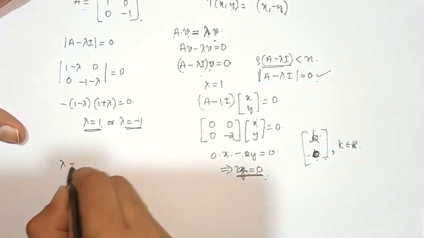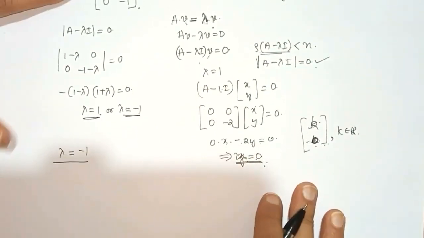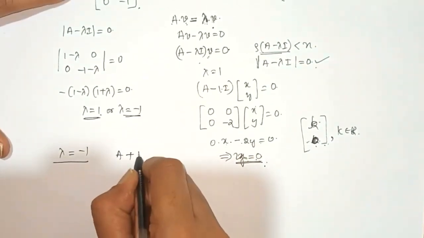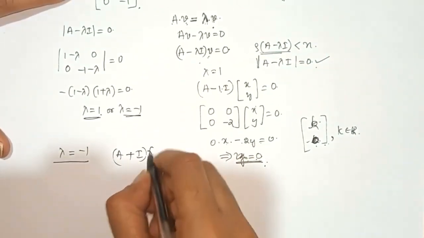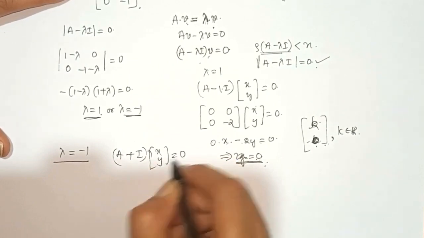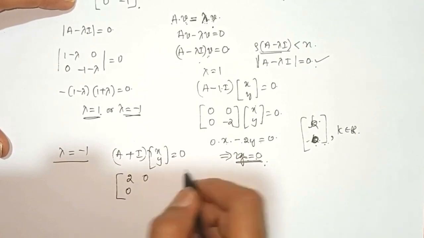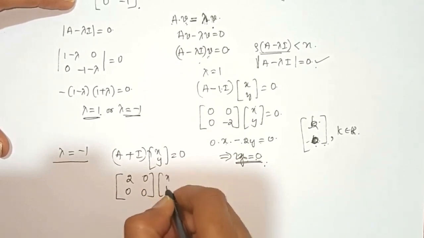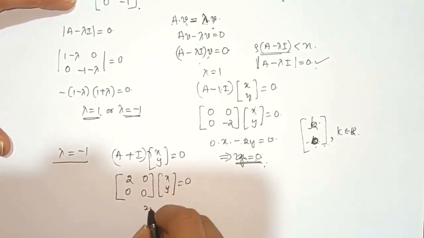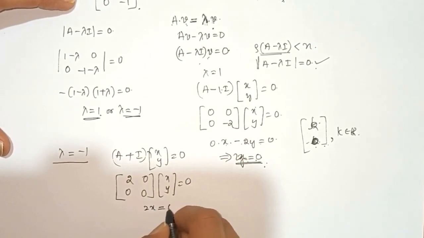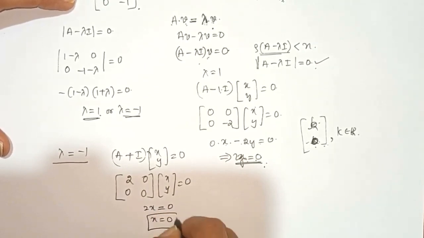Similarly, lambda equal to minus 1: for this case, A plus I into x y equal to 0. So A plus I means 1 plus 1, 2, 0, 0, minus 1 plus 1, 0, into x y equal to 0. So this gives you the system 2x is equal to 0, which implies x equal to 0.